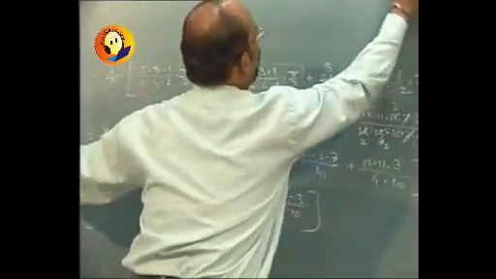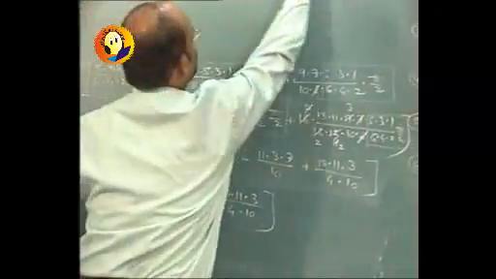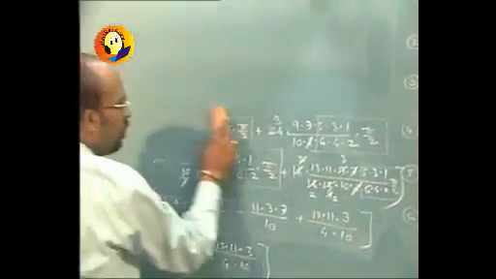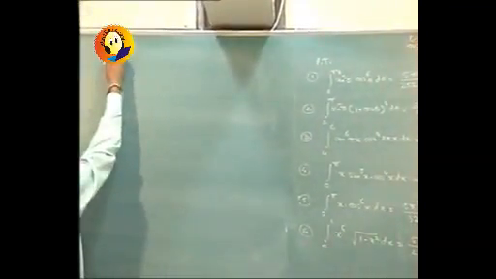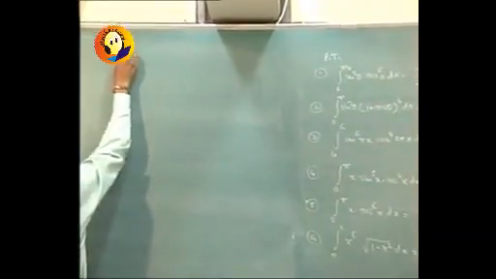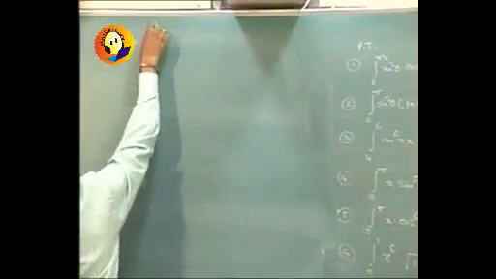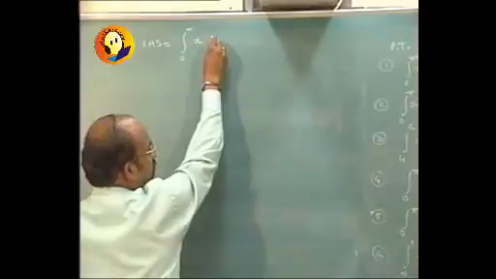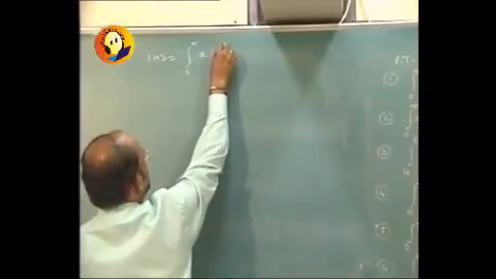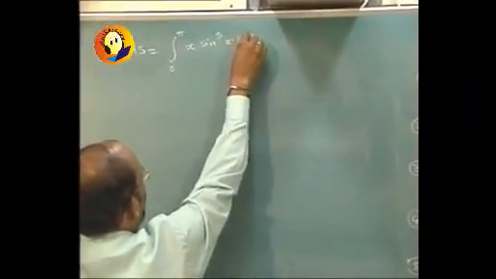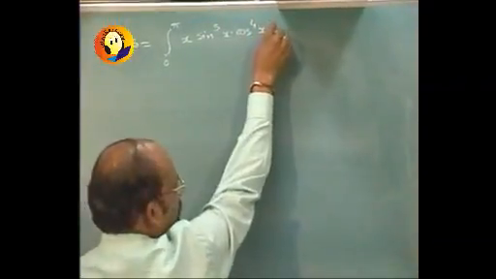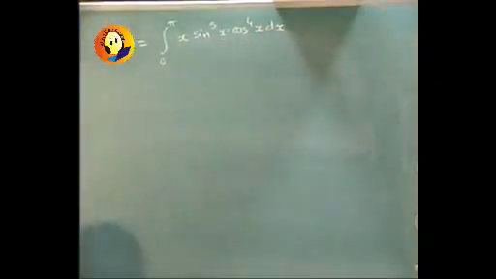In problem number 4, where we have got one x term which is present, so the LHS is given to us as integral 0 to pi x sin raised to 5x into cos raised to 4x dx.